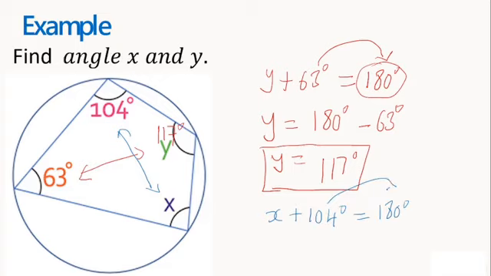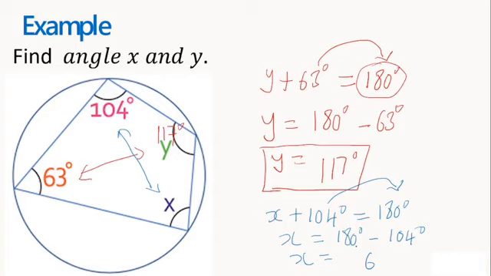So 104 degrees will go to where 180 is. We are going to have x equal to 180 degrees take away 104 degrees. So x is equal to 180 minus 104. 10 minus 4 is 6, 7 minus 0 is 7, 1 minus 1 is 0.